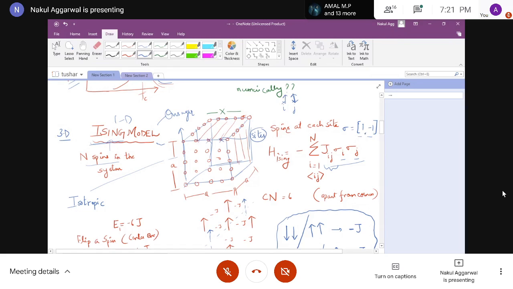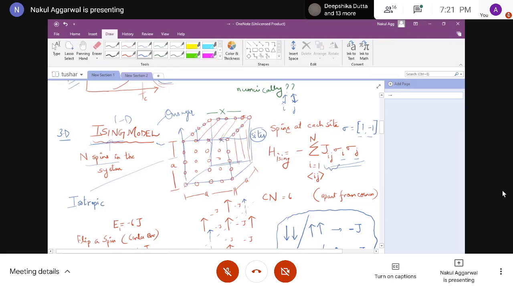So what is the purpose of doing all this? Our goal is to find a configuration of the system which accounts for the lowest energy of the entire system. This is the Ising Hamiltonian, and that will help us determine the lowest energy of the system.